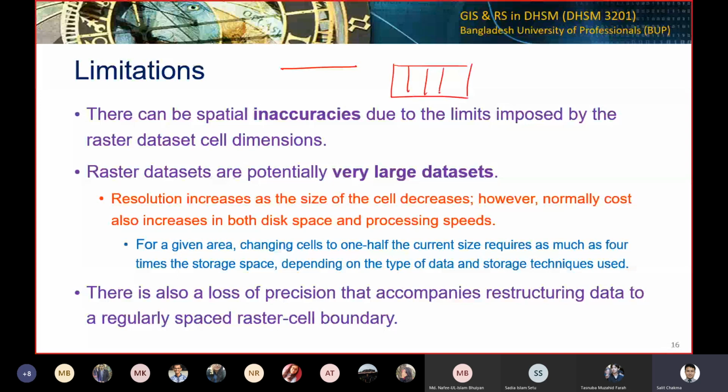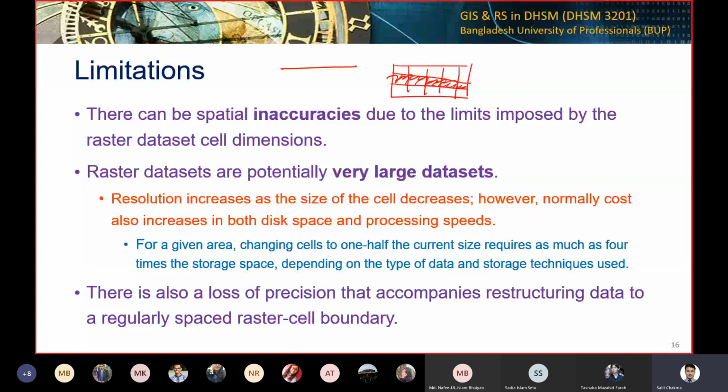Since you have a series of cells, in computer memory they need more space to store their data. That's why raster datasets are quite large.